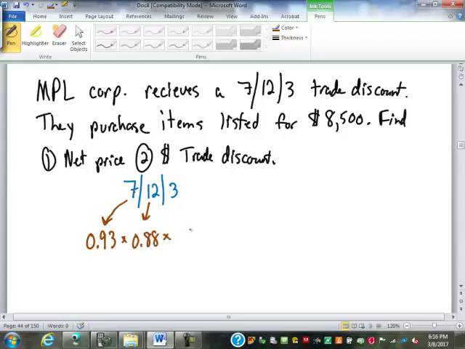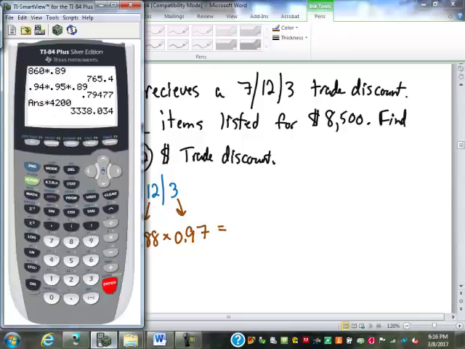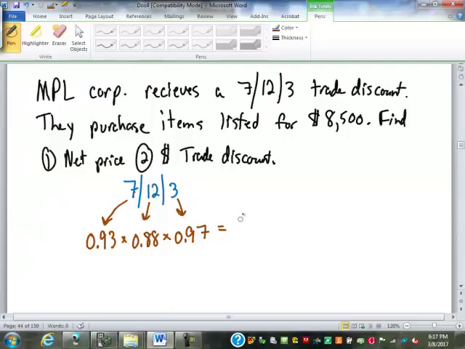Good. And 100 minus 3 is 97, so that becomes 0.97. We multiply those, 0.93 times 0.88 times 0.97, and we get 0.793848.